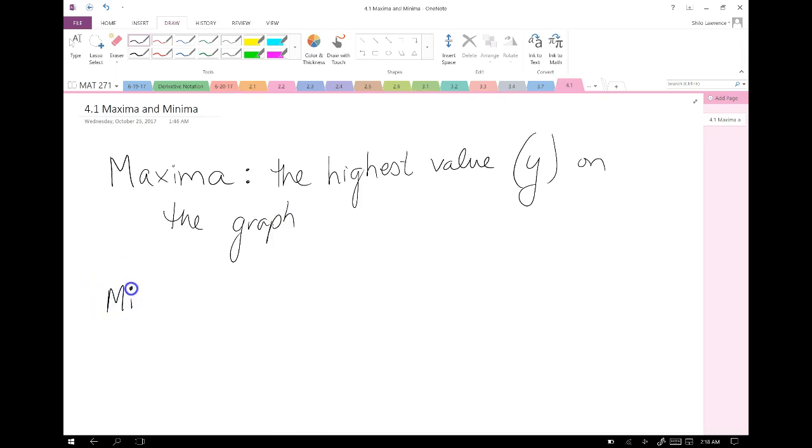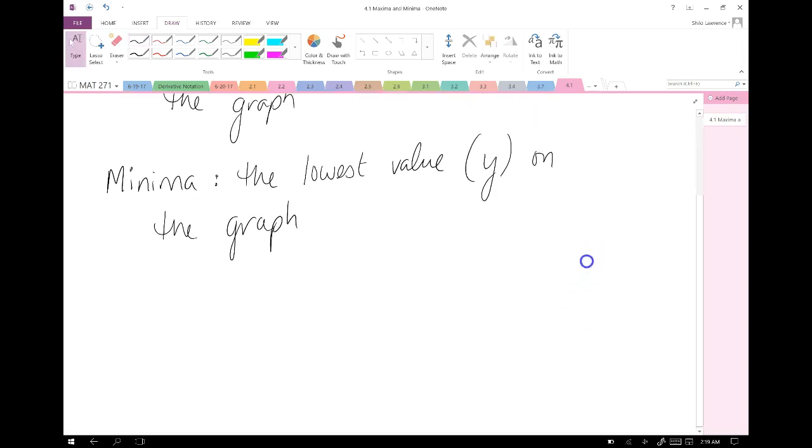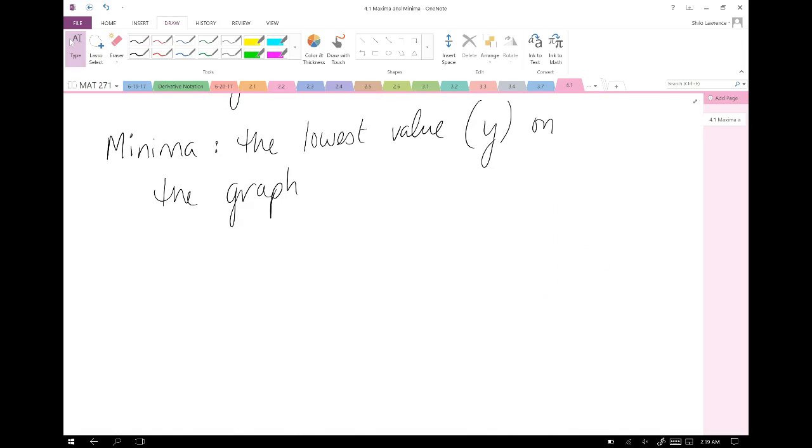And the minima is the lowest value on the graph. And we can be looking at the entire graph, or we could just be looking at a piece of the graph. And that could potentially give us different answers. So we would have to specify that at the beginning of a problem.